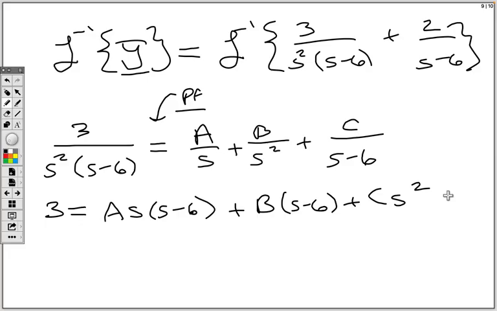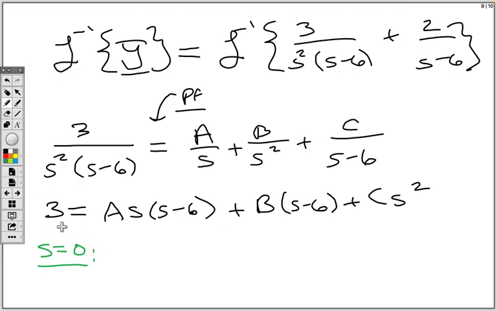And now we can try to take advantage and get some cheap answers here. We can cheese it. What would be a good value for s to plug in to cheese out at least one of these coefficients here? What would be a good value of s to plug in? s equals 0 would be a good one.